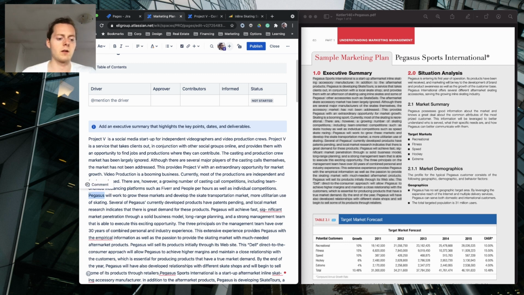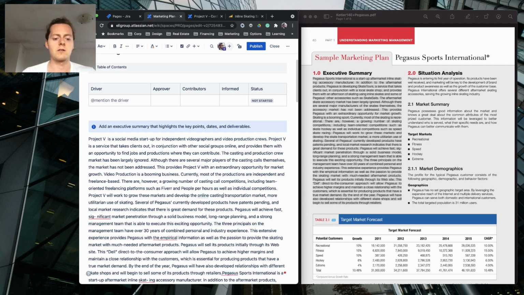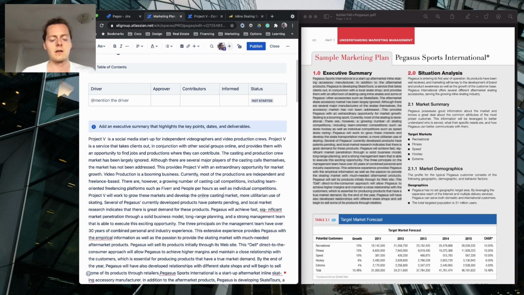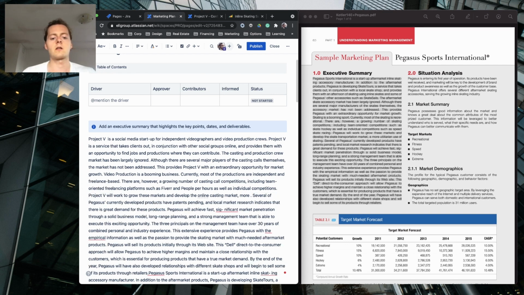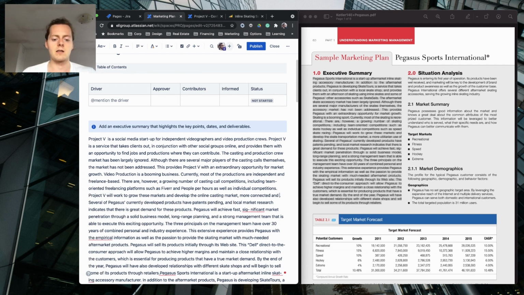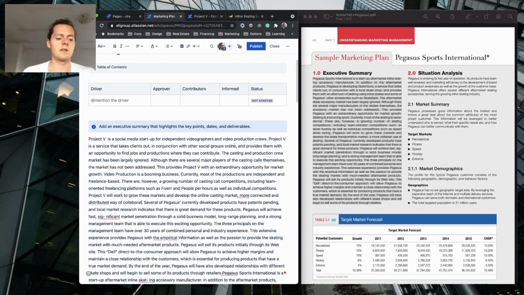So Project V will work to grow these markets and develop the online casting markets, more retail alternatives, more connected and distributed way of collaborating.